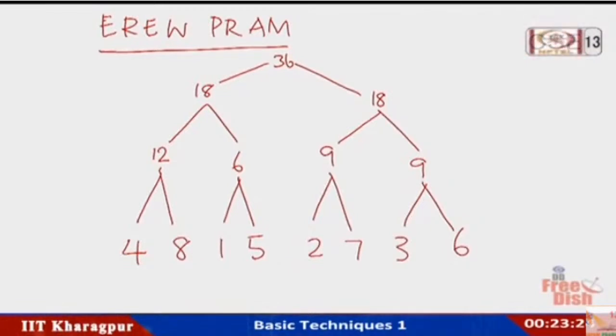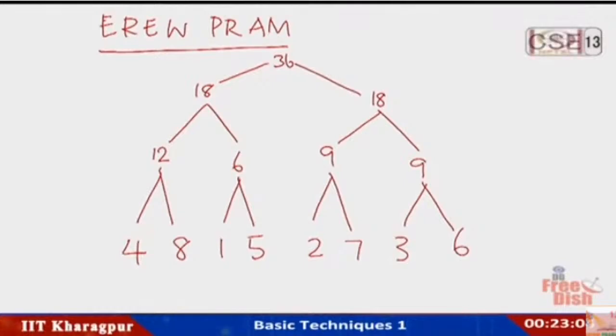At the root of the tree, we will have the sum of all the given elements. Now if you look at the root, what we find is that the sum on the left side is 18 and the sum on the right side is 18. Our goal is to find the prefix sums of the values that exist at the leaves.